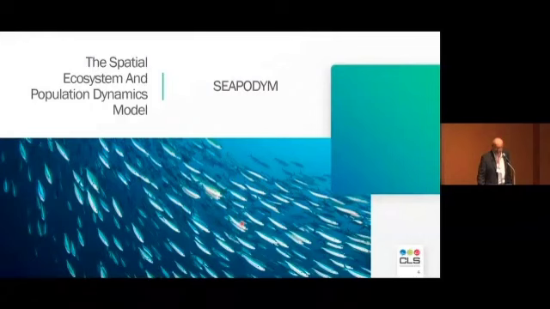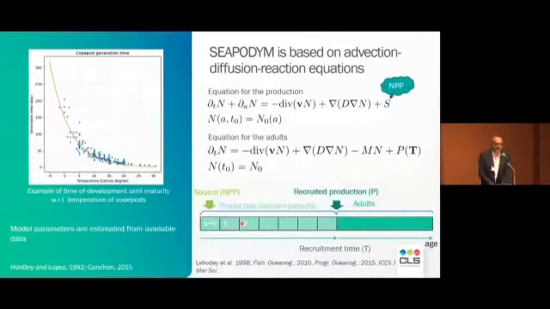So the model that we use for computing the distribution of density of these populations is CPODIM. This model is based on a set of advection diffusion reaction equations, which is a bit smart for this kind of study, because in marine ecology it's not very often used.